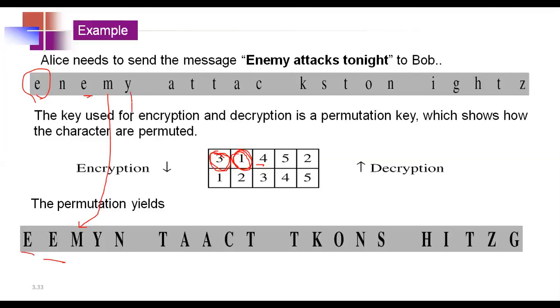What is the 5th character? This comes to this one. Now at the 5th position there should be the second character of the plain text. What is the second character of the plain text? N. So this is here. So this E is here. Like that.